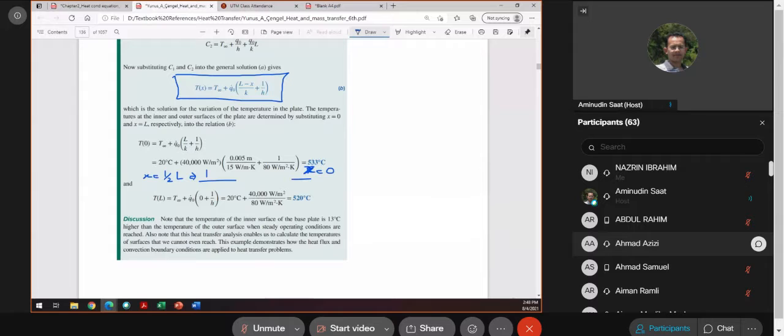What will T at x equals L over 2 be? It depends on the equation. You just apply back the equation. Any questions?